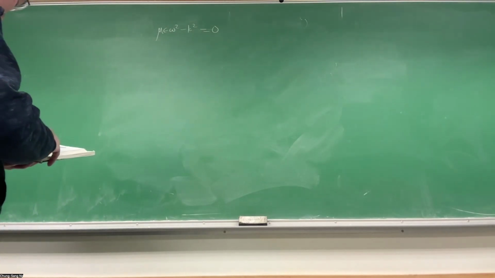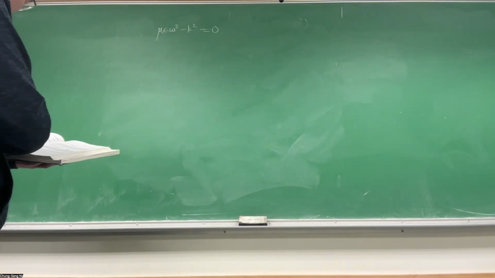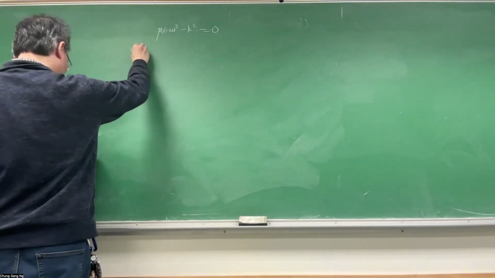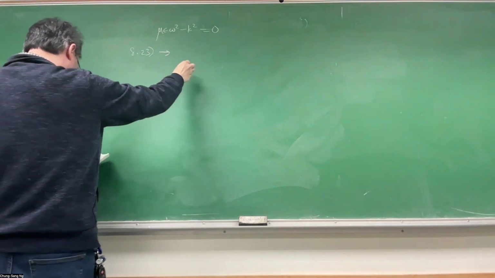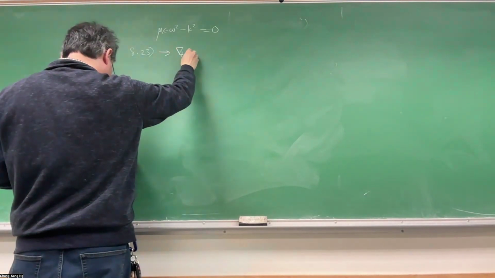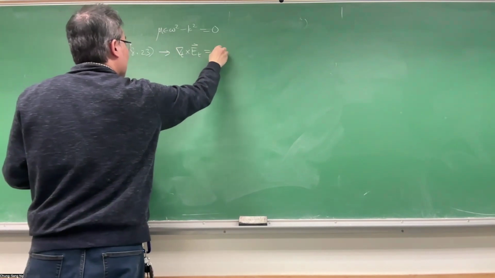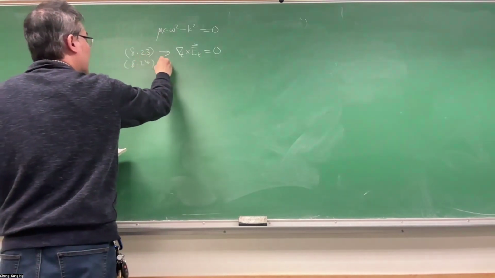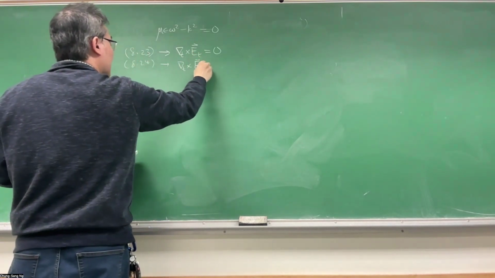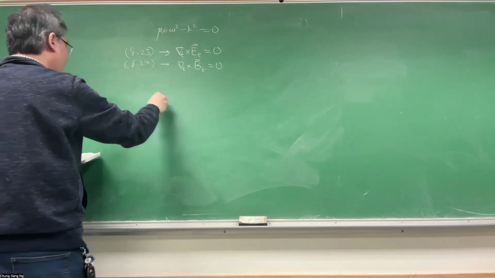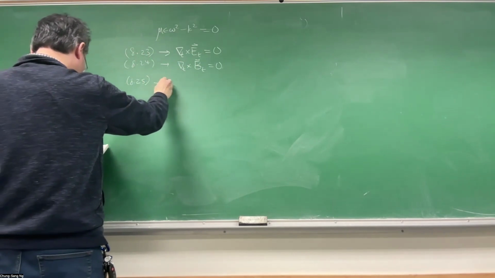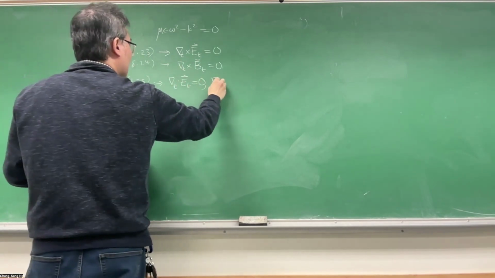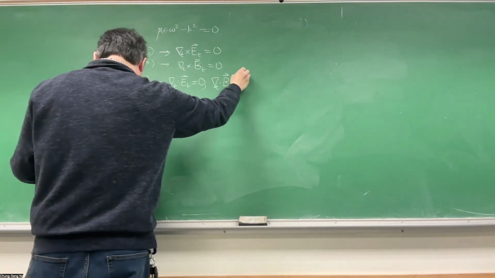So what you get in this case, obviously from 8.25, the second equation of that would automatically imply that curl of E_t is 0, and likewise 8.24 gives you the curl of B_t is 0, and 8.25 will give you the transverse divergence of E_t equals 0, and the transverse divergence of B_t equals 0.